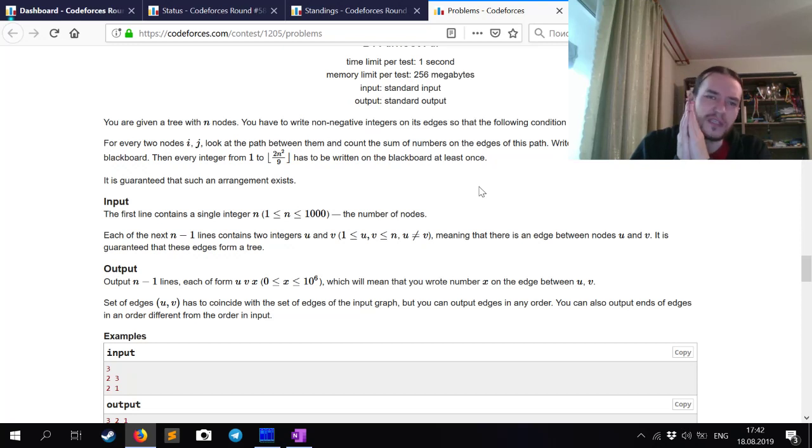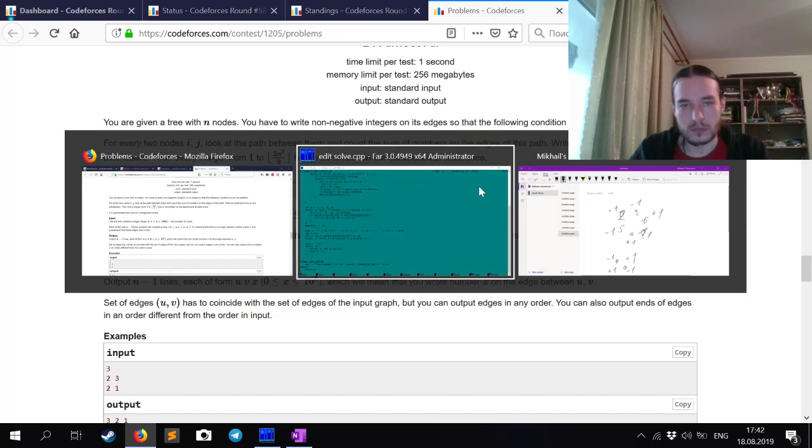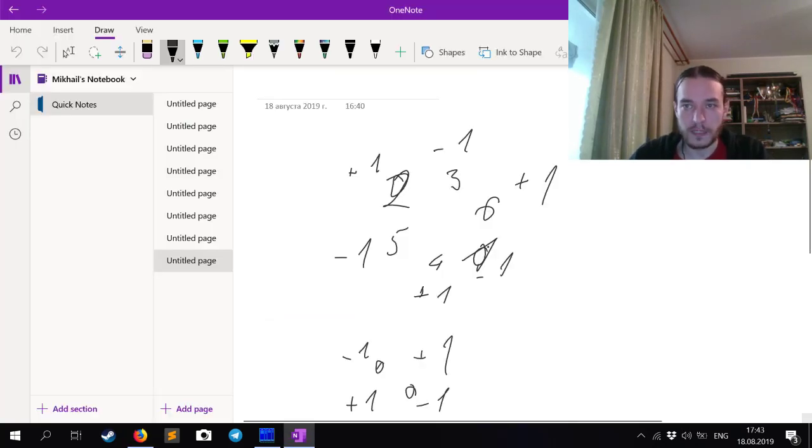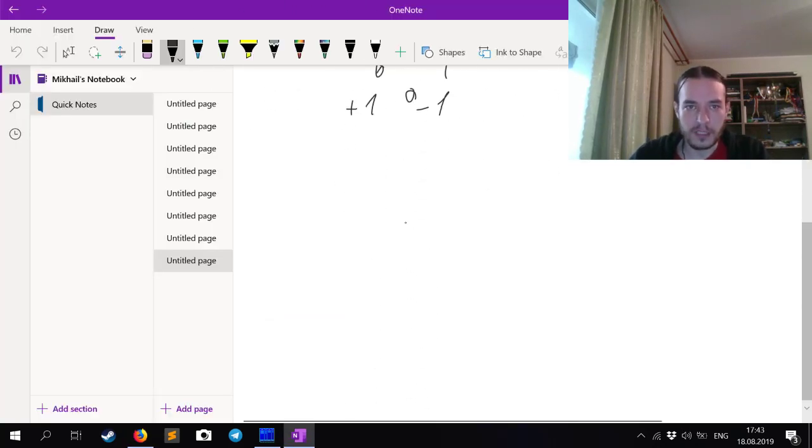So what if the tree is like a star where everything is adjacent to a vertex? What's the number? What's the answer then? So let's figure it out first, because it seems like it's a hard case.